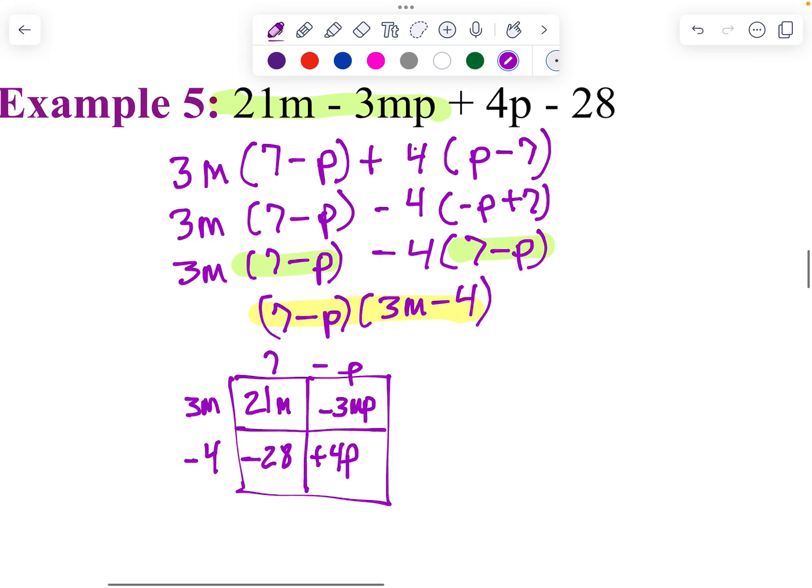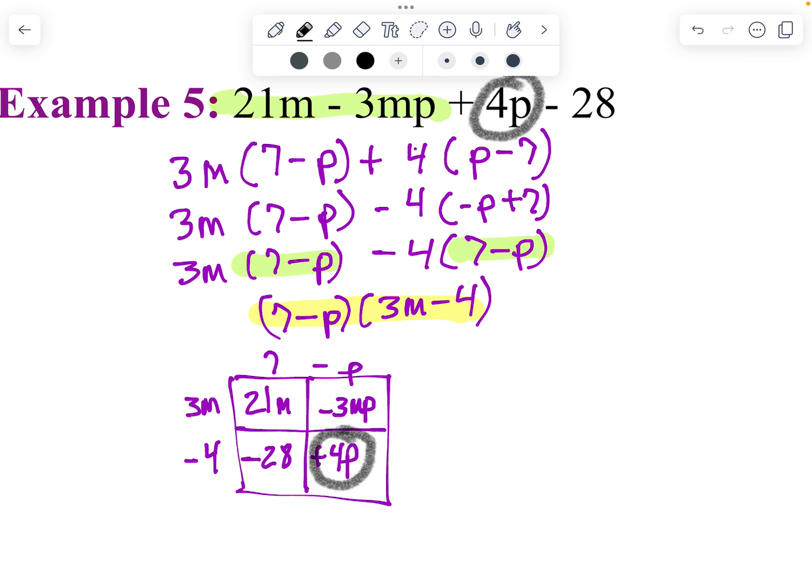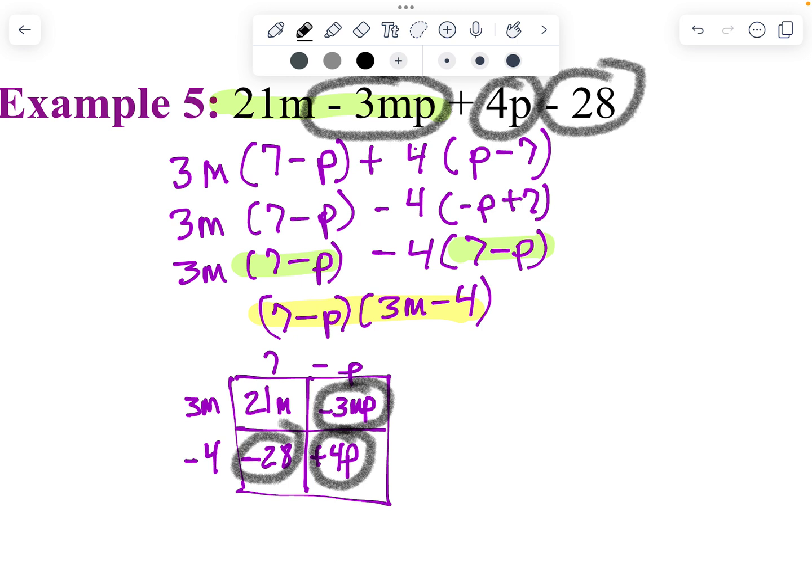Notice there are my four terms, aren't they? And I can see that. So I got 4p here and 4p here. Negative 3mp, negative 3mp. Negative 28, negative 28, 21m, 21m. So 7 minus p times 3m minus 4 is the correct factorization of that problem.